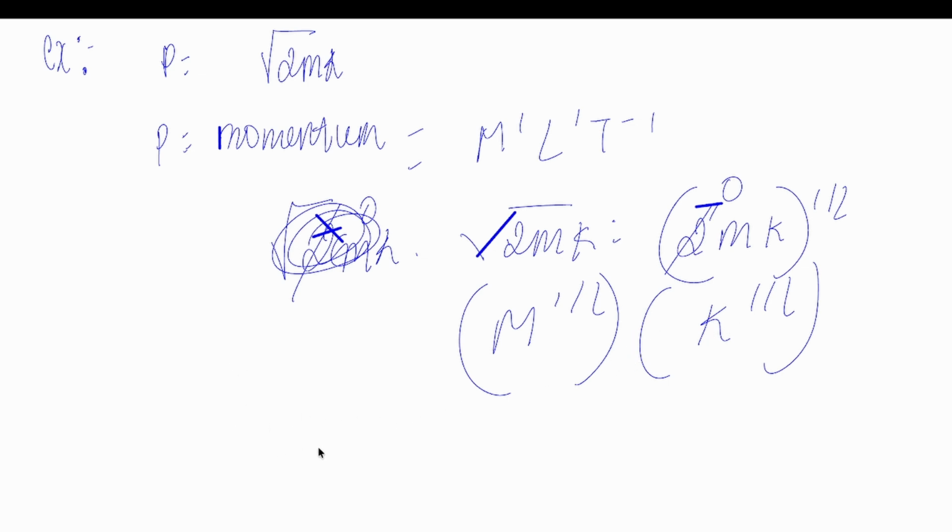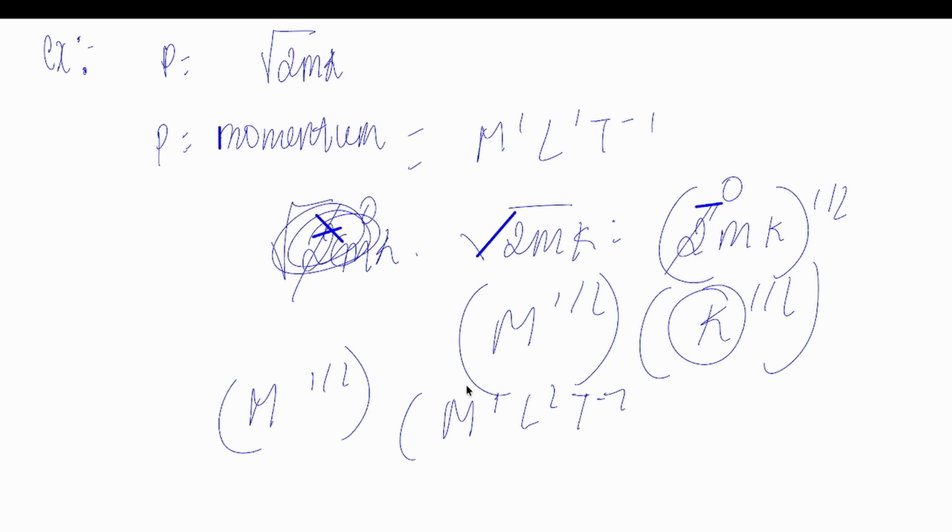Now K is kinetic energy, which has dimensions M power 1 L power 2 T power minus 2, all to the power 1 by 2.